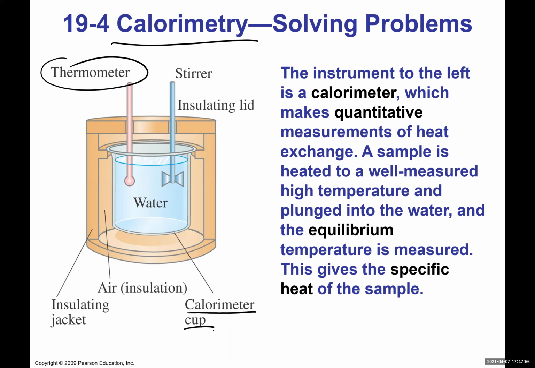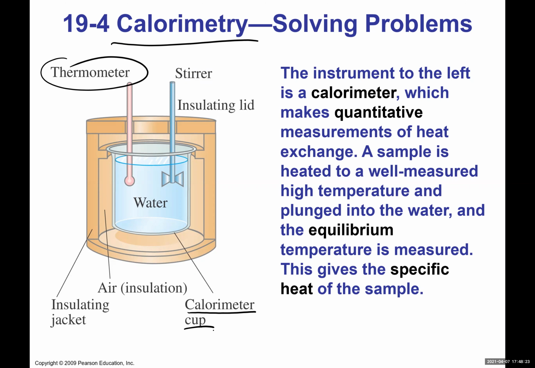This cup is generally aluminum or copper, depending on the type you have. So what you can assume here is that the cup and water are in thermal equilibrium with respect to one another. Even if they weren't in thermal equilibrium, eventually they will reach thermal equilibrium.